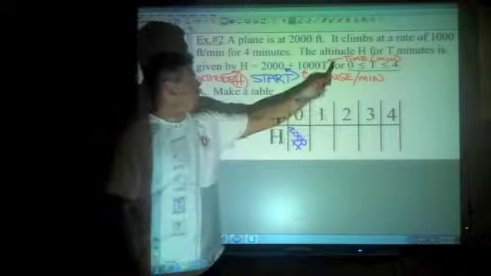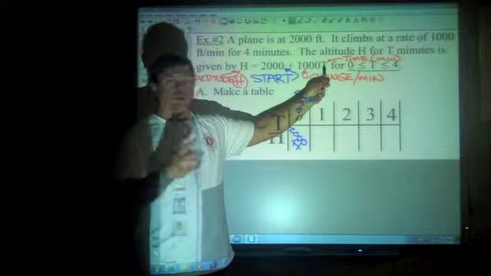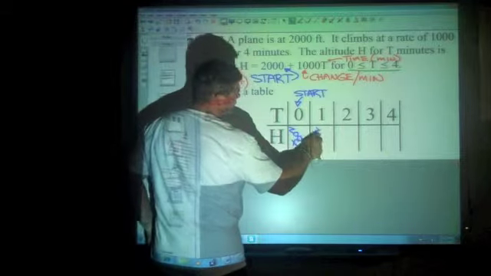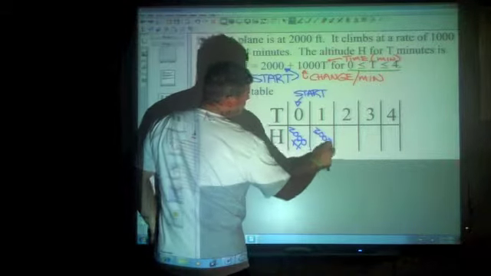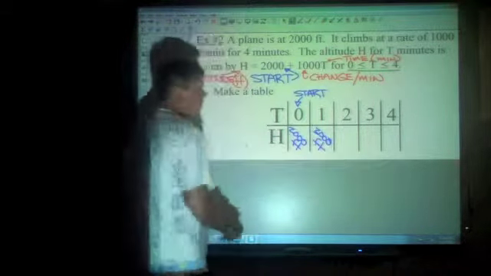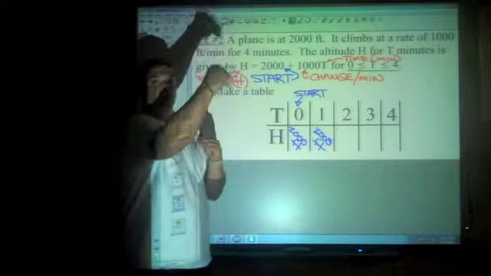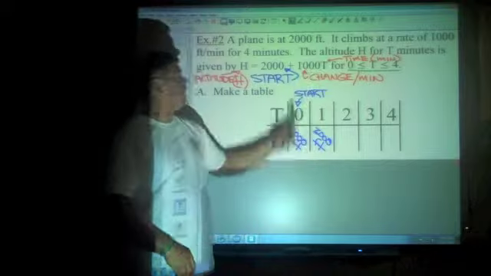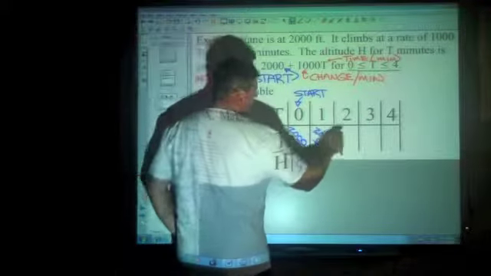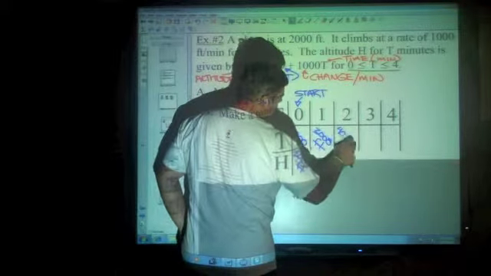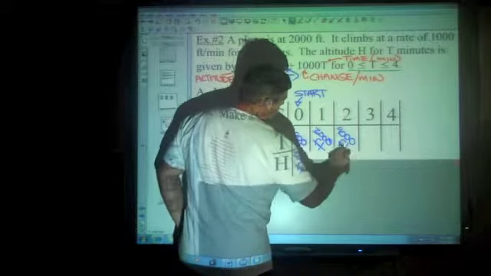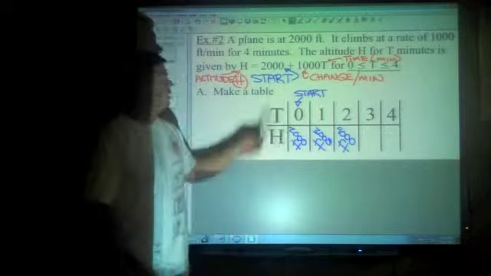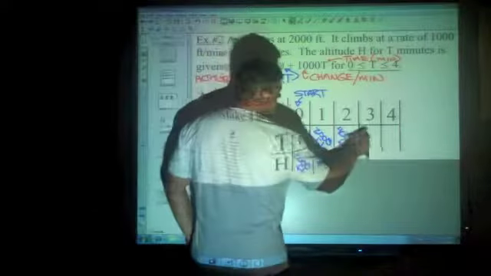But if we try it, plug the 1 in. 1,000 times 1 is 1,000, and that 1,000 plus 2,000 makes 3,000. So it seems logical. Another minute later, it'll be at 4,000 feet. Try it out. 2 times 1,000 is 2,000, plus 2,000 is 4,000. We're good so far. 3 times 1,000, 3,000, plus 2,000 makes 5,000.